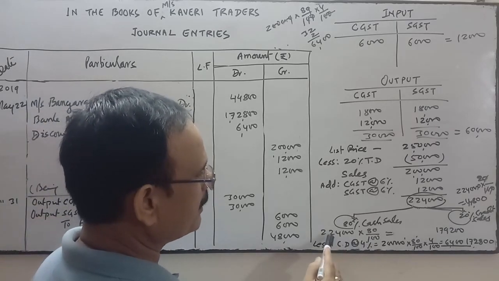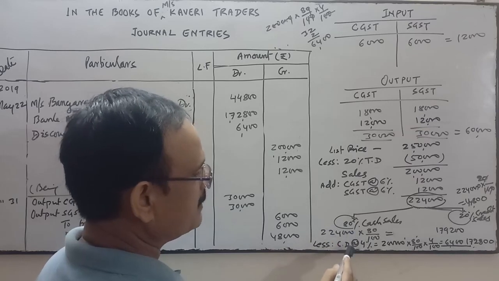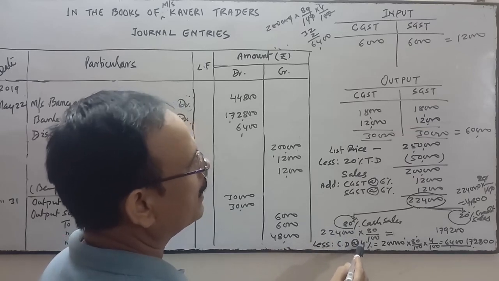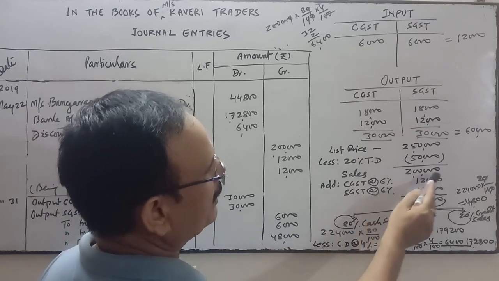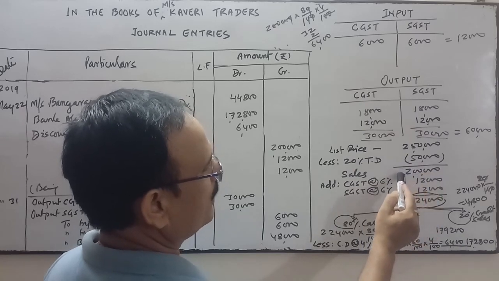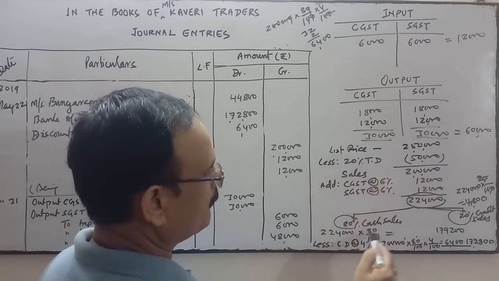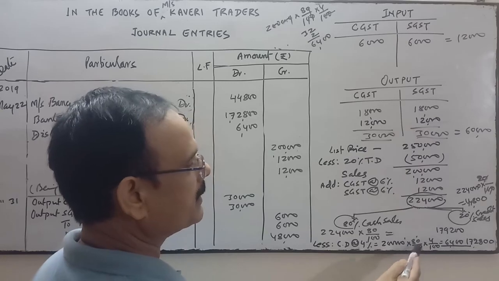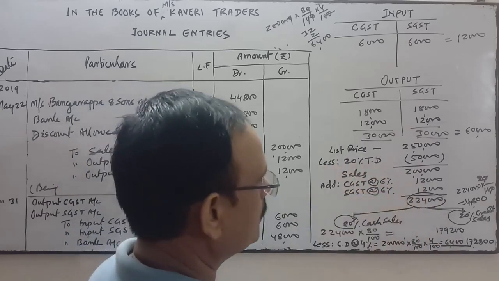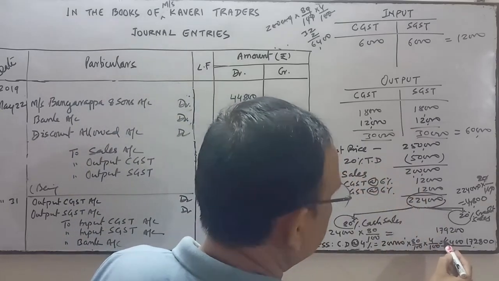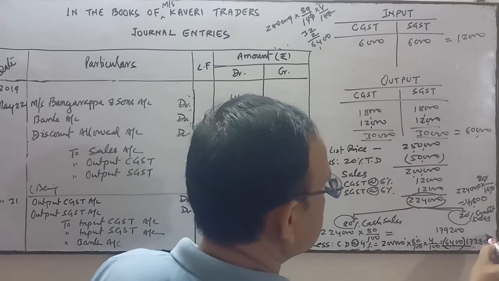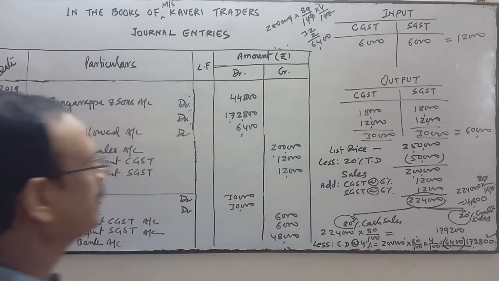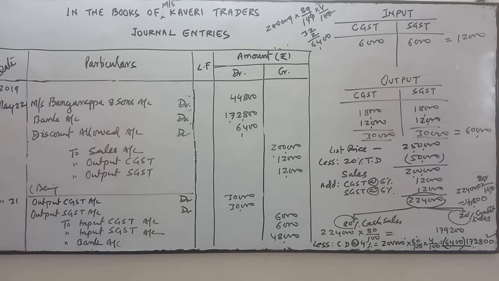Cash discount is never calculated on the GST-inclusive figure. It will be on the raw sales item of 2 lakhs, which is first converted to 80%, then 4% of that. This will be deducted and you will receive this amount.